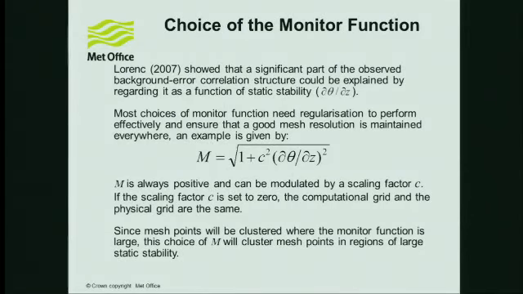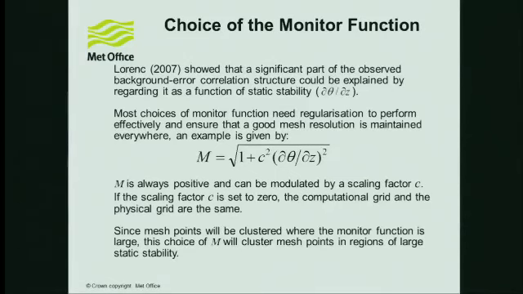The choice of the monitor function is driven mainly by a study that Andrew Lorenc did a while ago that showed that a significant part of our background error correlation structure can be explained as a function of static stability. So we have decided to choose a monitor function that is a function of static stability.